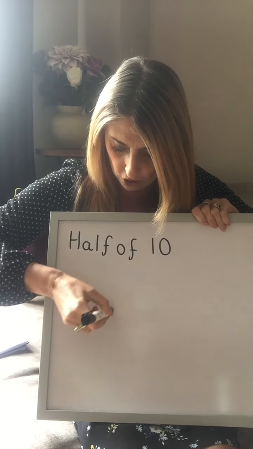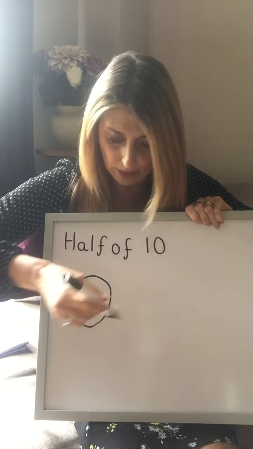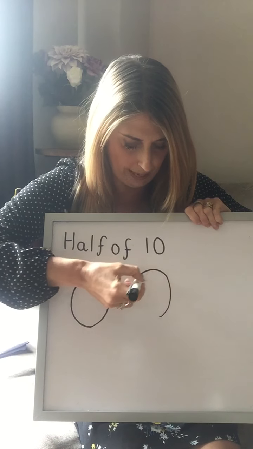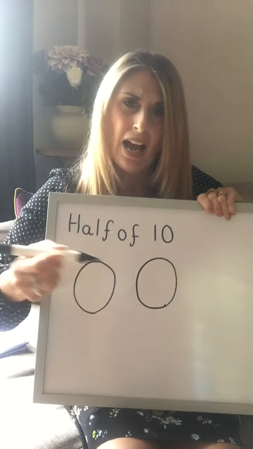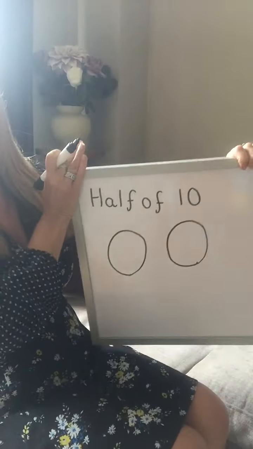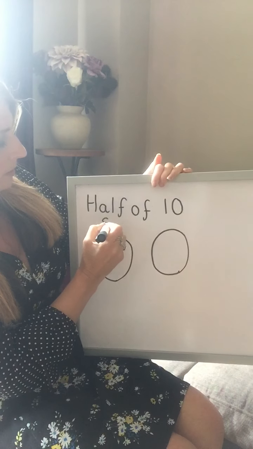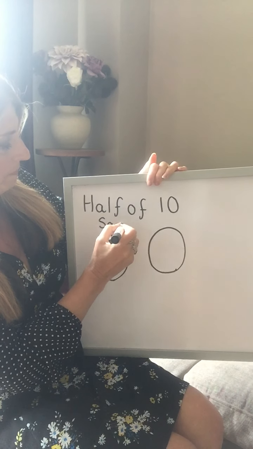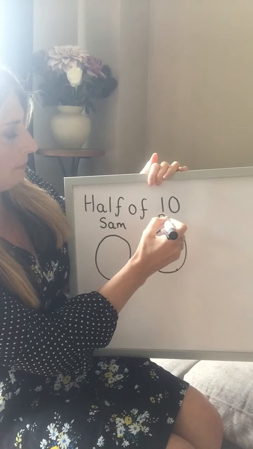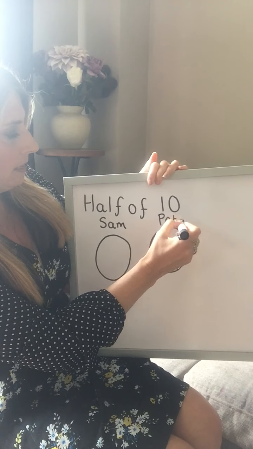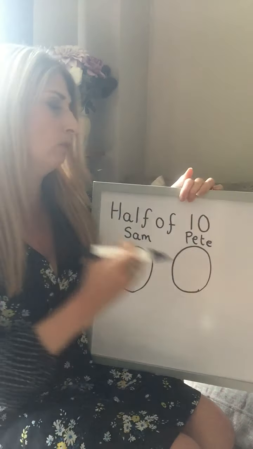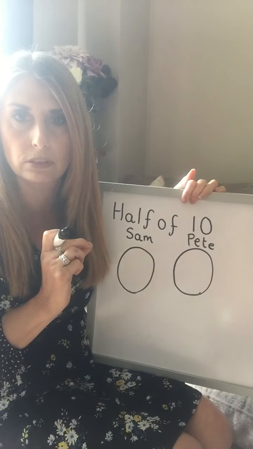So I've got one group here, another group here. And this is Sam's group. This is Sam. And this is Pete. And I am going to share out 10 apples.